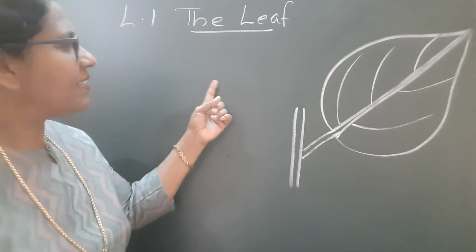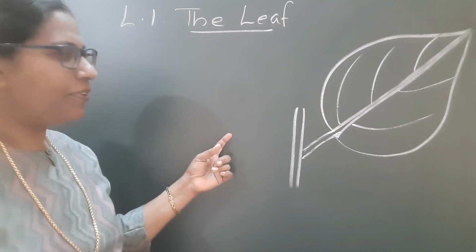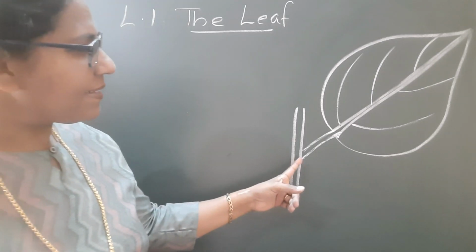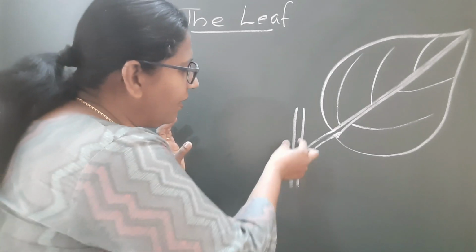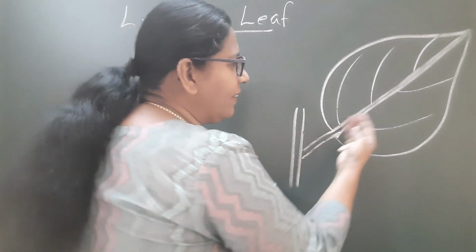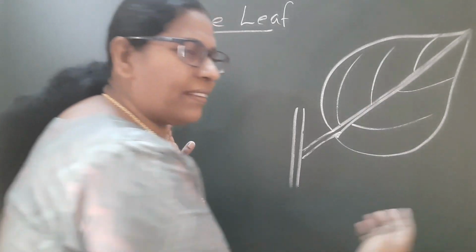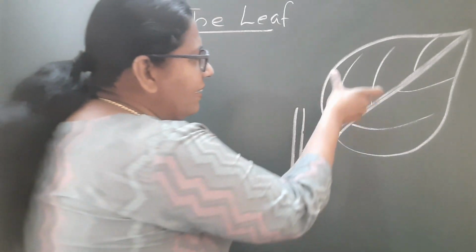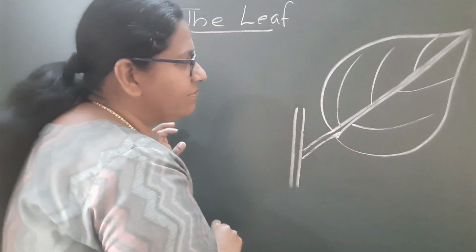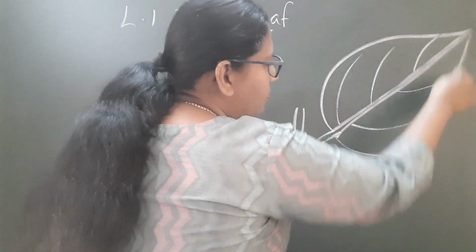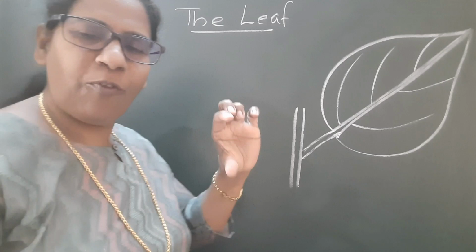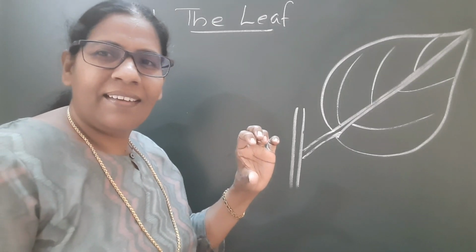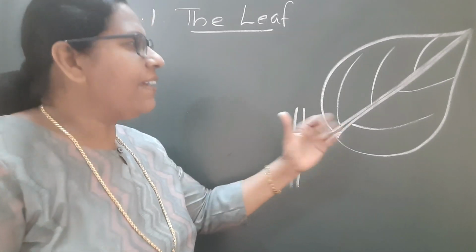First, let's see what is a leaf. Leaf is lateral. Look here, this is the stem and laterally the leaf is there. And it is broad, flat and very thin. Green in color.